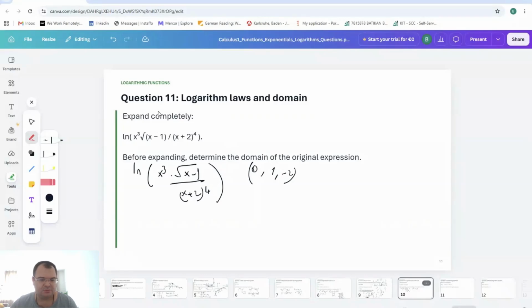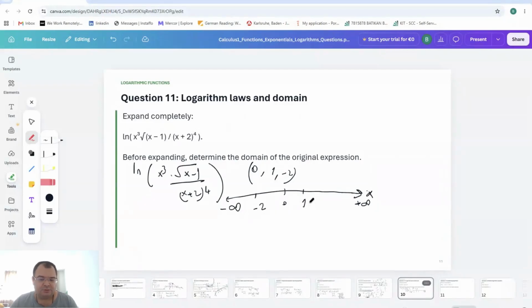According to those, you need to check the range. On the x-axis, assuming this is the x-axis, you have plus infinity, minus infinity, and you have 0, 1, and minus 2.